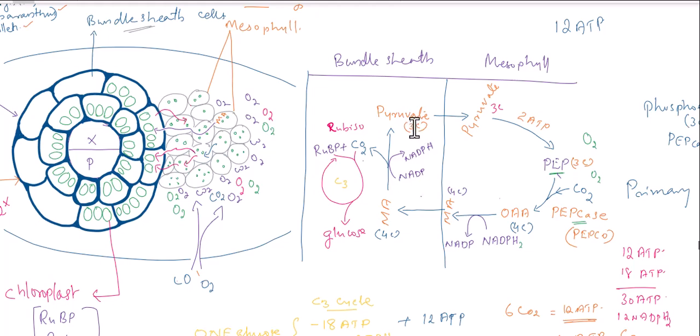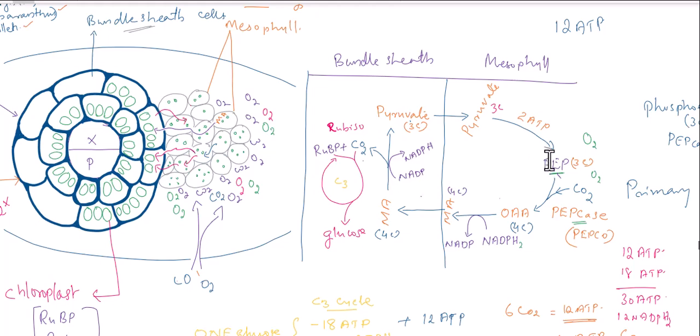The pyruvic acid, a 3 carbon compound produced here, again enters into the mesophyll cell, where the 3 carbon compound is converted to phosphoenol pyruvic acid with the help of 2 ATP molecules. So that leads to the formation of phosphoenol pyruvate.